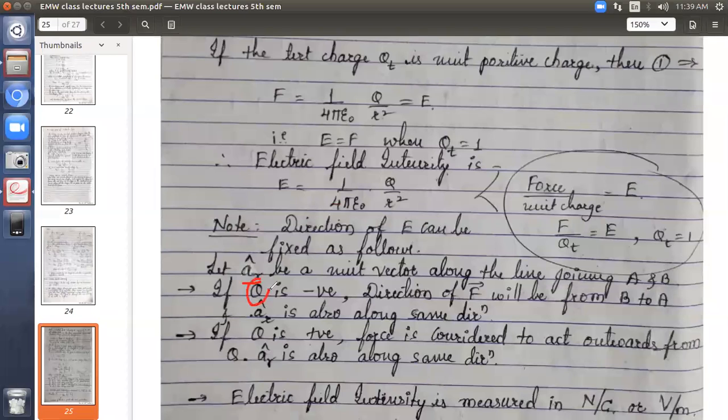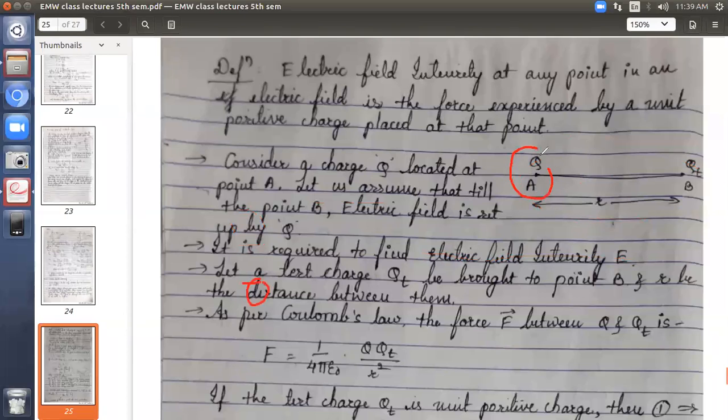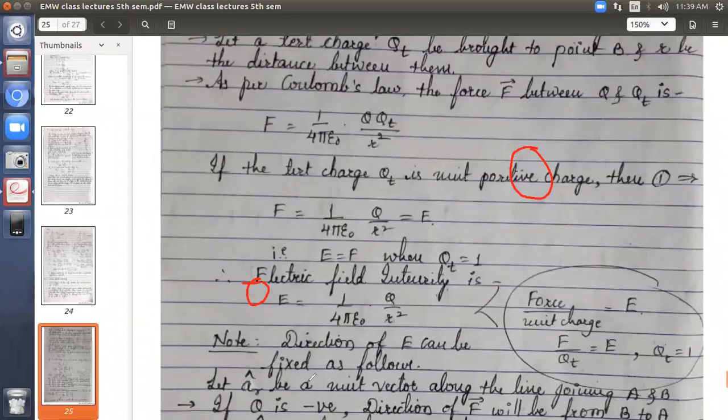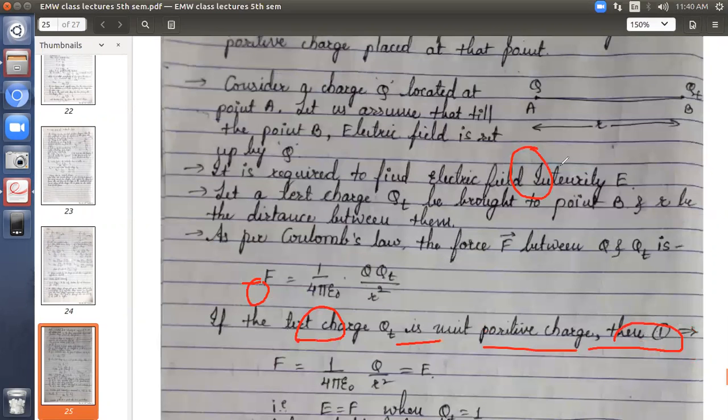How to confirm the direction? If the charge Q considered at point A is negative, then the direction of force will be from B to A. That is, if this is a negative charge, then B to A will be your r cap direction and force direction.